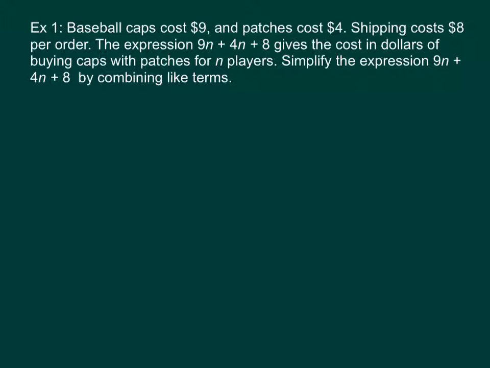So let's take a look at that expression. I'm going to just rewrite it here. 9n plus 4n plus 8. And hopefully you're noticing that these are our three terms. Now, we have two terms here that are alike: 9n and 4n. 8 is a numerical term.